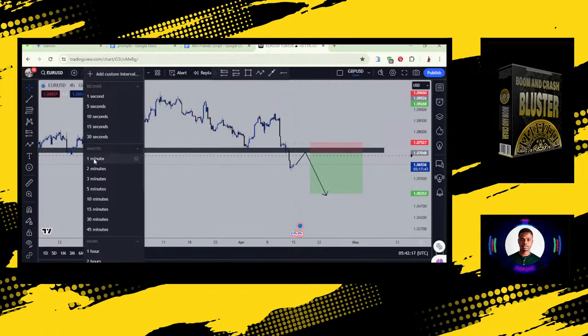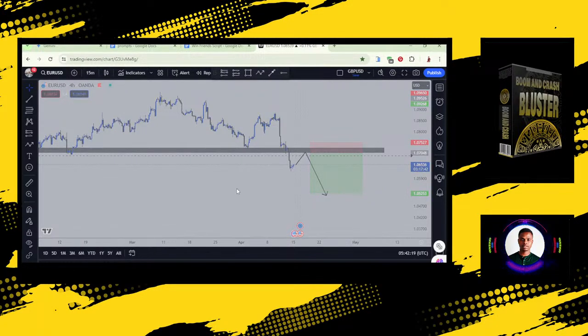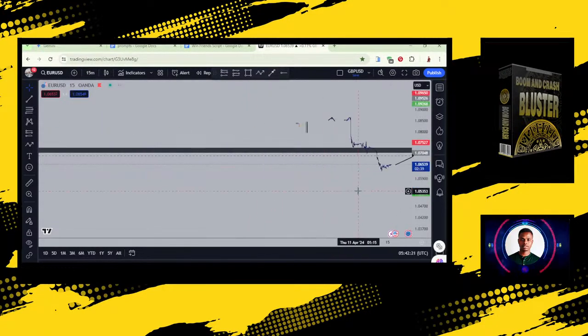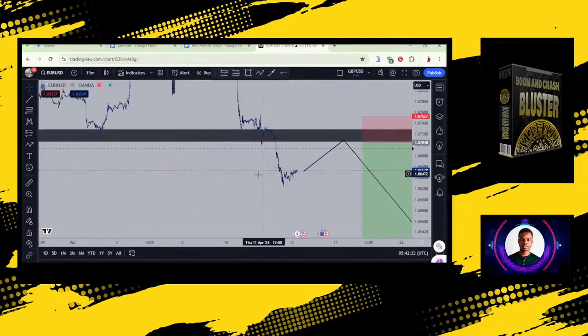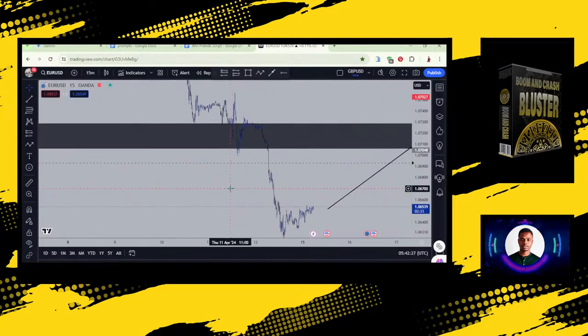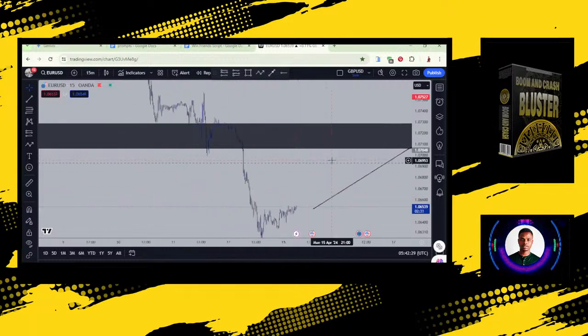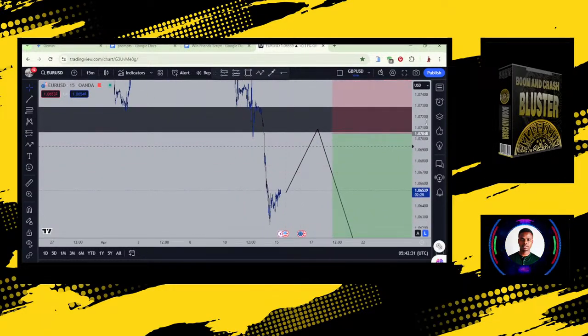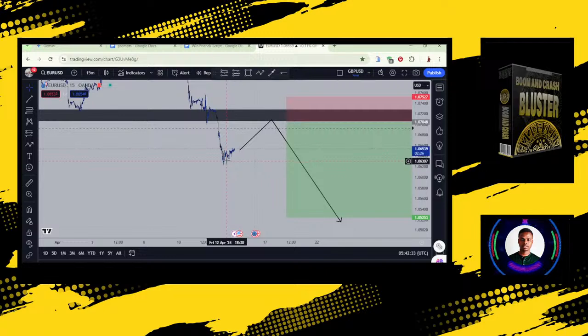This is the 4 hour time frame, and on the 15-minute time frame it might look a little bit bigger, but this is how it goes. We are looking for the market to come back into this big zone right here. This is just a smaller time frame, but we are looking for the market to come back into this zone. If things go well, it might come back into this zone, and to get a good trade we might get a trend line which might look like this, but this is just a prediction, guys.